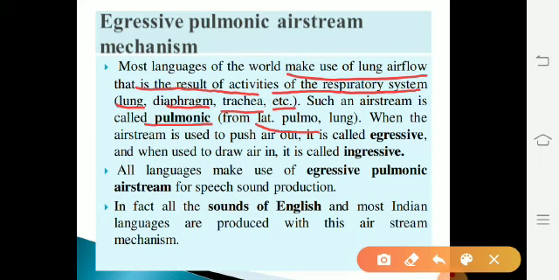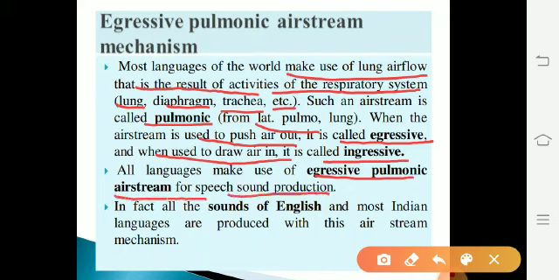When the airstream is used to push air out, it is called aggressive, and when used to draw air in, it is called ingressive. What is important here is that all languages make use of aggressive pulmonic airstream for speech sound production.